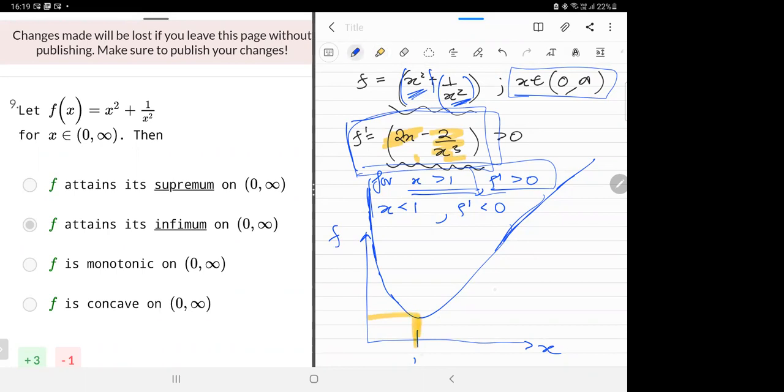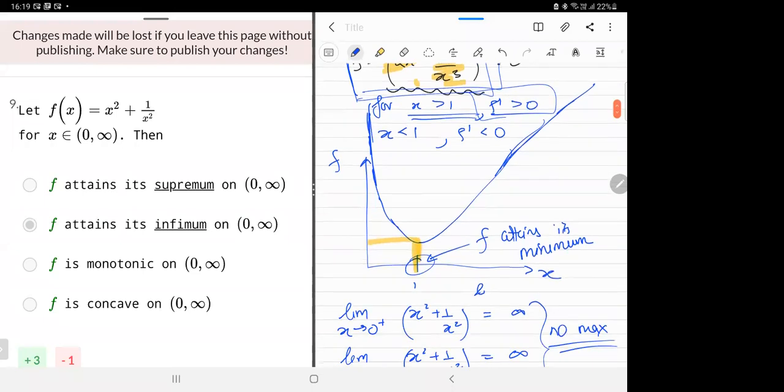This point 1 is where f attains its minimum, and hence the infimum. So f is going to attain its minimum and its infimum at x equals 1.